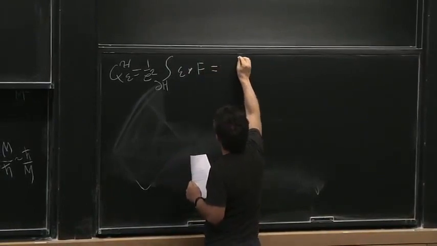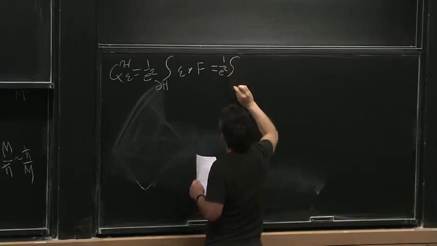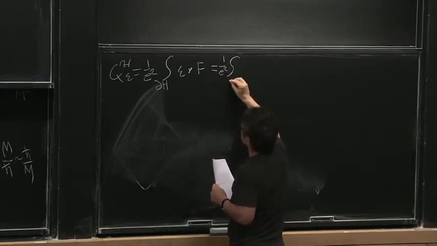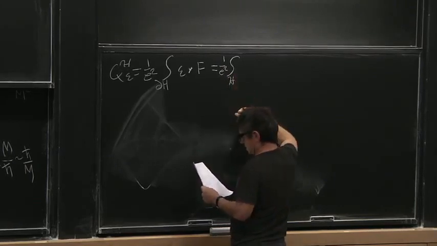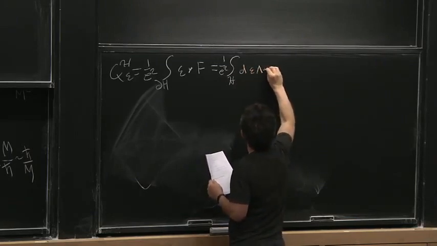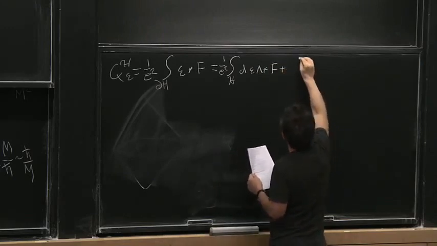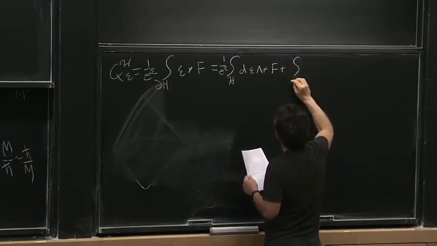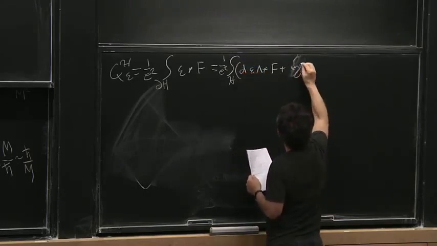But we can integrate that by parts and write this as 1 over e squared, the integral over the full horizon of d epsilon wedge star f plus the integral of epsilon star j matter.